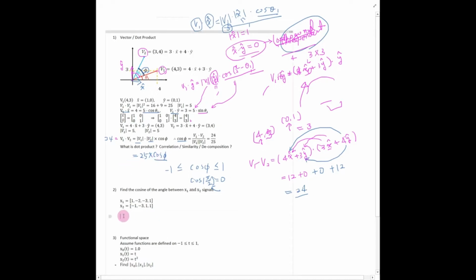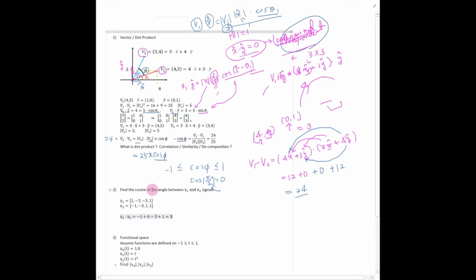Taking x1 dot x2, 1 times -1 gives -1, -2 times -3 gives 6, -3 times 1 gives -3, and 1 times 1 gives 1. Then the dot product is -1 plus 6 minus 3 plus 1, which is 3. So this is the dot product between these two signals.